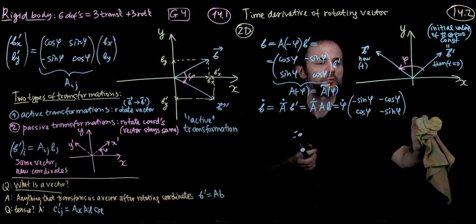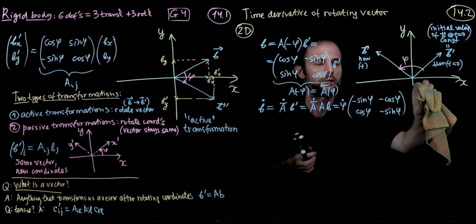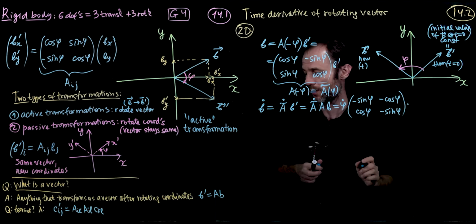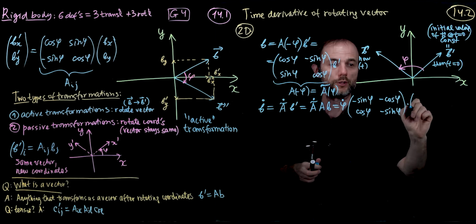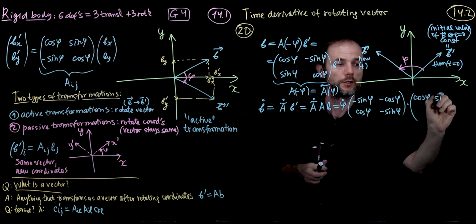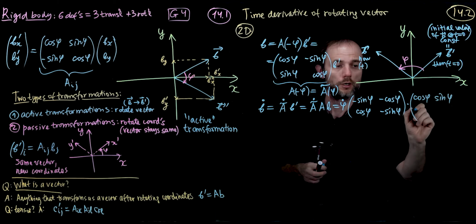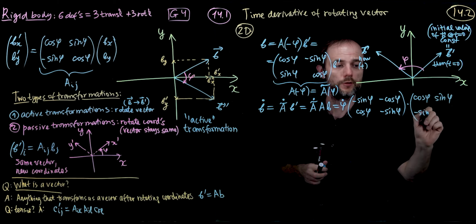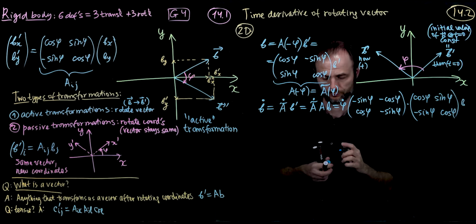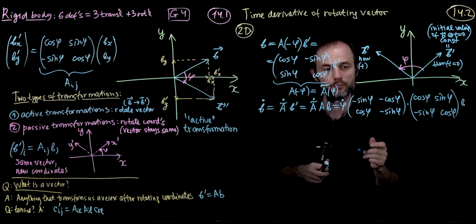Let's open up some room over here. That will be multiplied by A, which will be cosine phi, sine phi, minus sine phi, and cosine phi, multiplied by b.